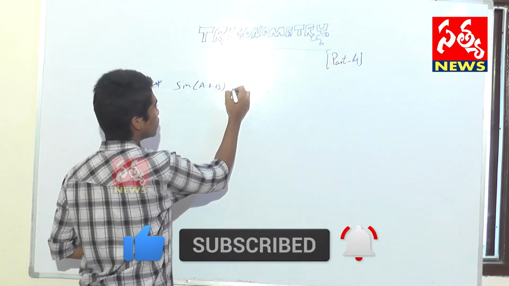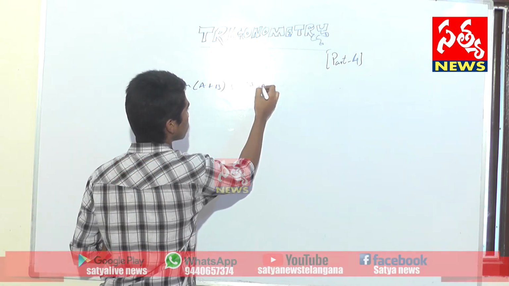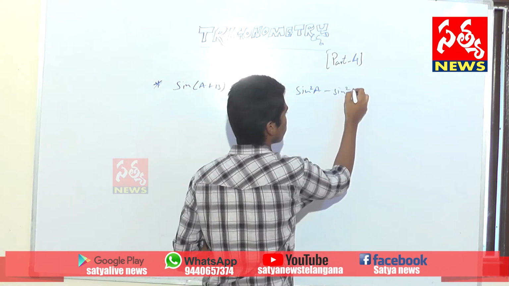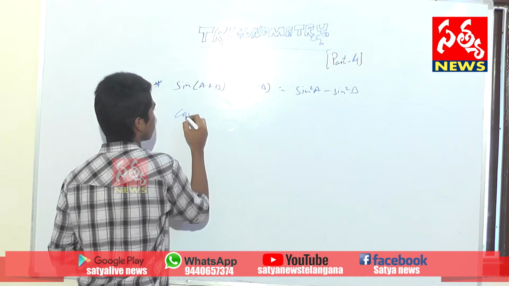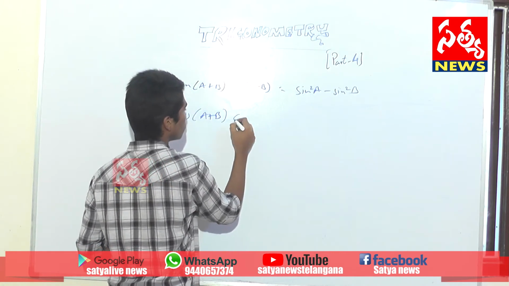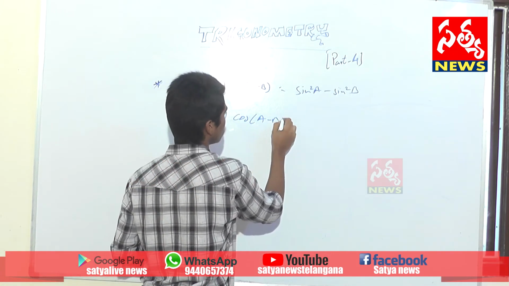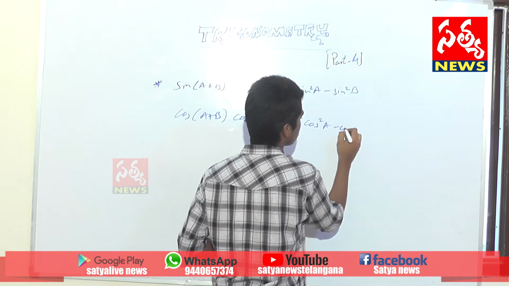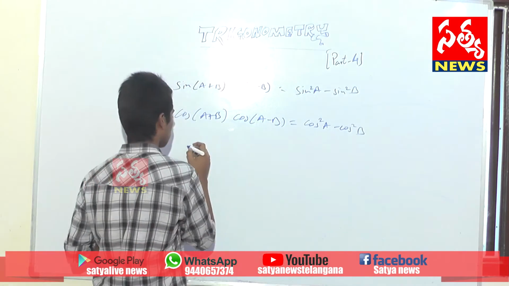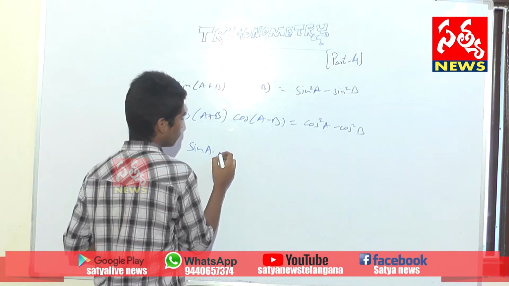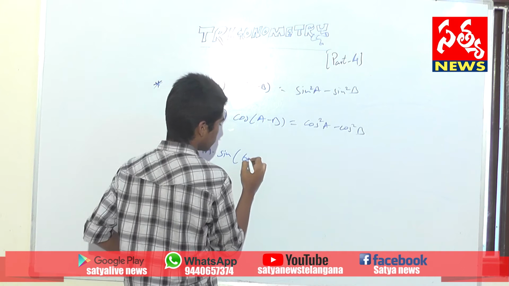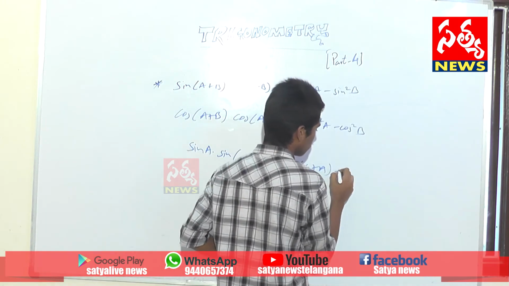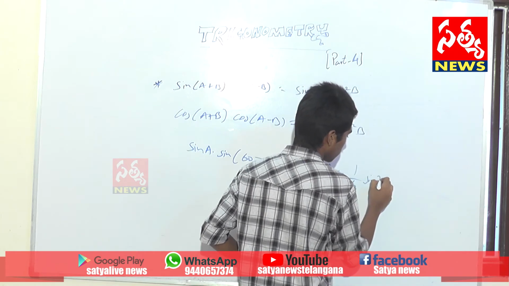Sin a plus b into sin a minus b is equal to sin square a minus sin square b. And similarly, cos a plus b into cos a minus b is equal to cos square a minus cos square b. Sin a into sin 60 minus a into sin 60 plus a is equal to 1 by 4 sin 3a.